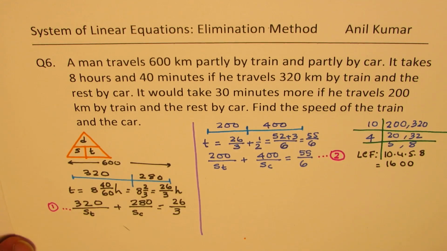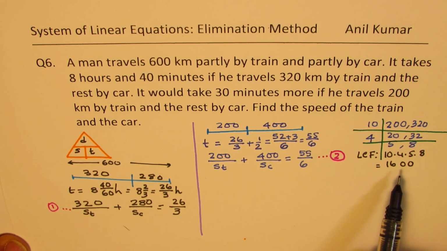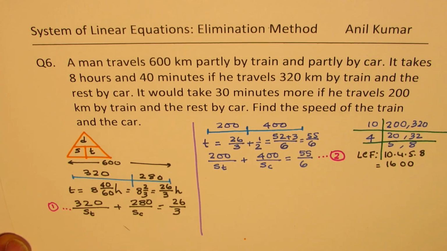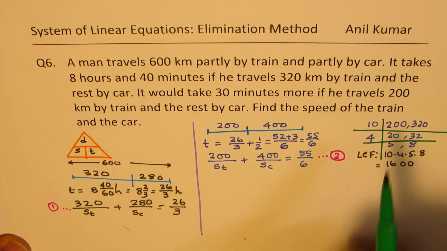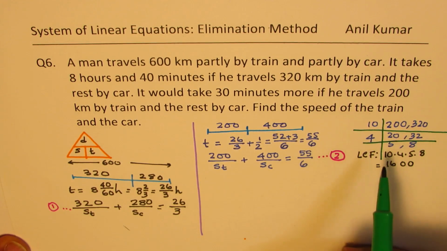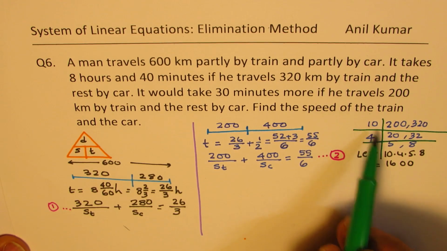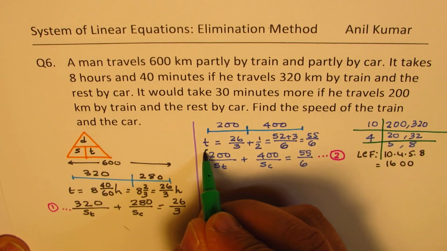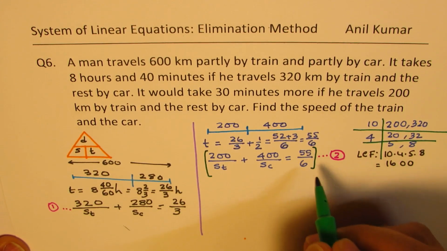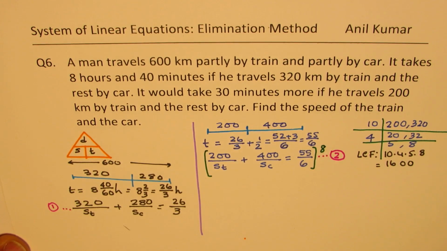Now the idea is to multiply these equations so that 200 becomes 1600 and 320 also becomes 1600. Clear? Okay. Let's see what is the factor by which we can multiply them. Looking into this, 200 is an easy calculation. Let me show you how. 4 times 5 is 20, 20 times 10 is 200. So we are left with 8. So we are going to multiply this equation by 8, right?